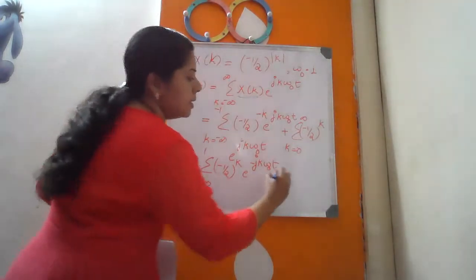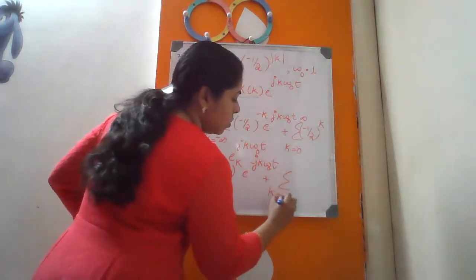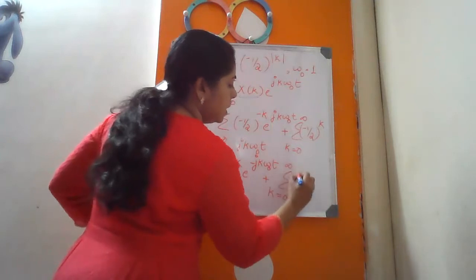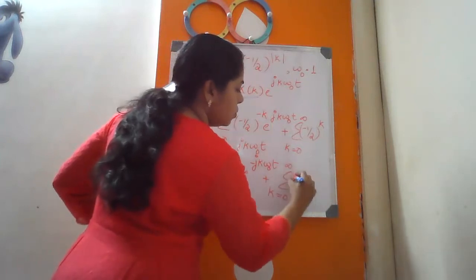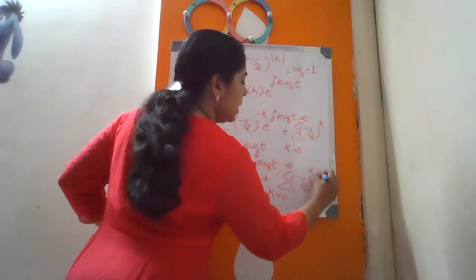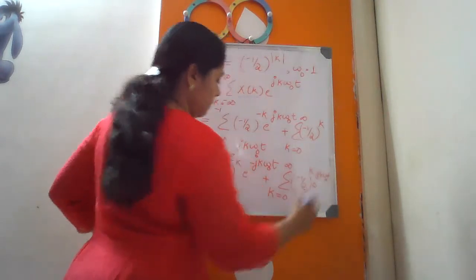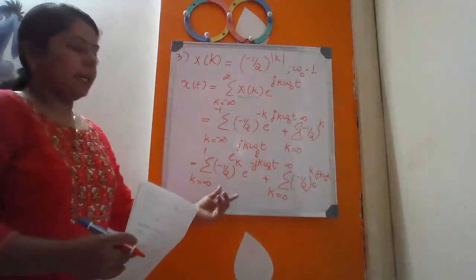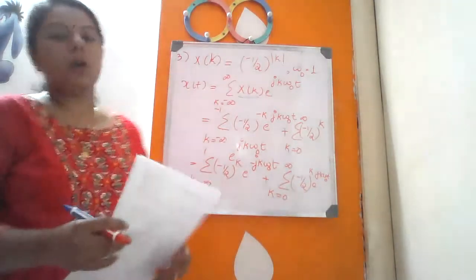Okay, plus summation k equal to 0 to infinity minus 1 by 2 all power k e power j k omega naught t. So we are getting like this.